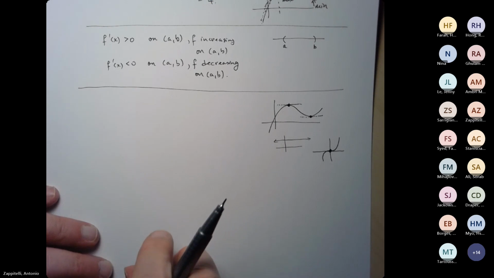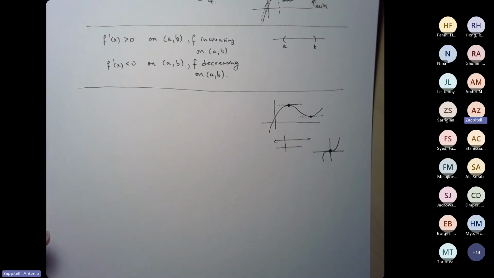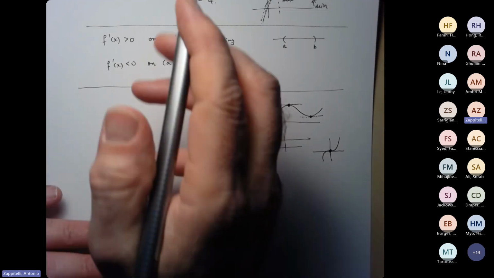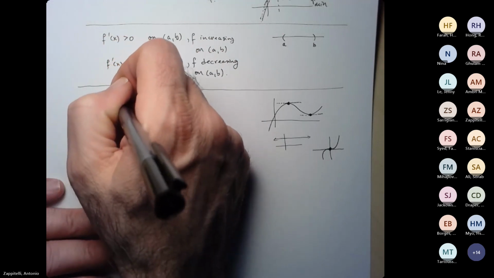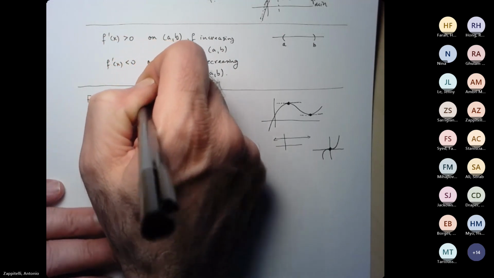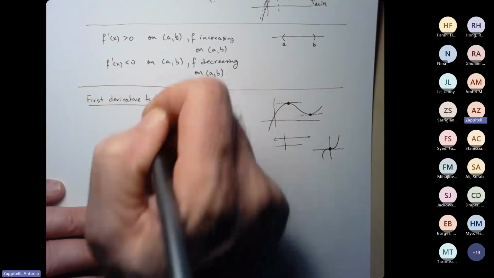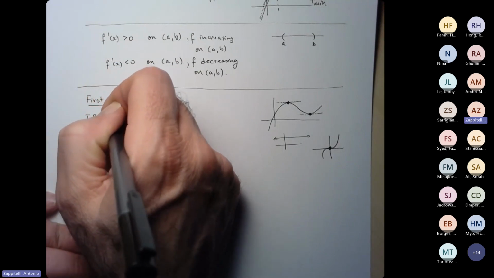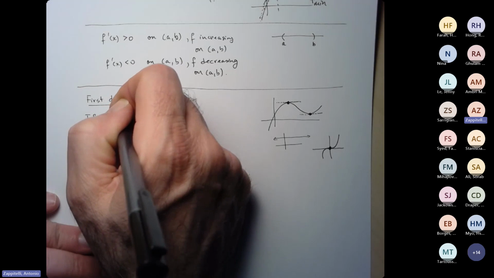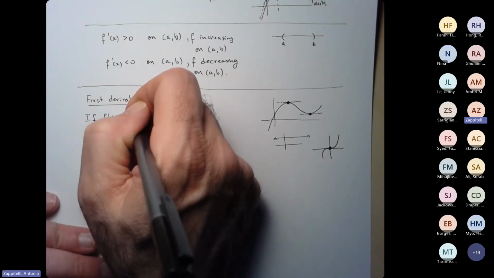So did they call this the first derivative test when you did maximum and minimum? Anybody recognize that expression, first derivative test? Yes. Okay, so let's recall what the first derivative test is. The first derivative test says that if the derivative at some point, let's call it a, is equal to 0, okay?